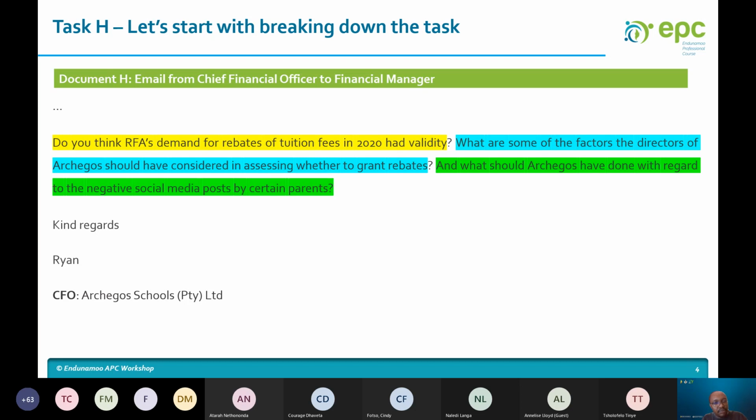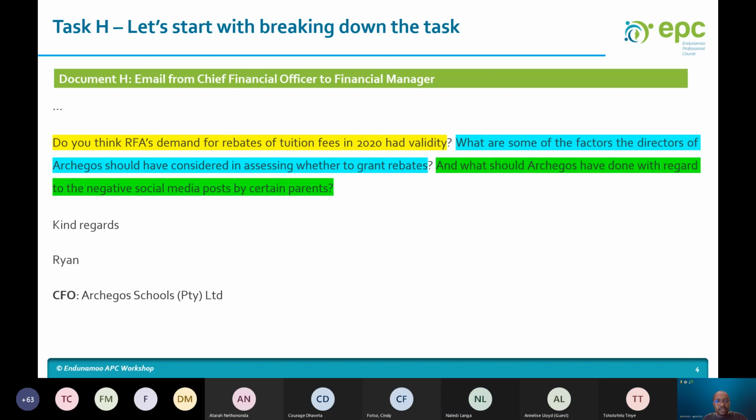So what are some of the factors that directors should have considered in assessing whether to grant rebates? Number one, case by case basis, right? Some people can afford, some don't. There are those learners that actually struggled to get the resources, the laptops, the Wi-Fi, etc. What do we do about those, as opposed to those that actually move around pretty much with everything that they have, right?